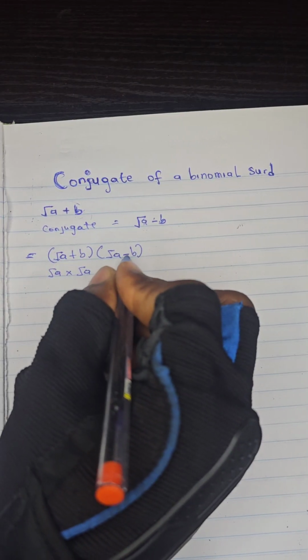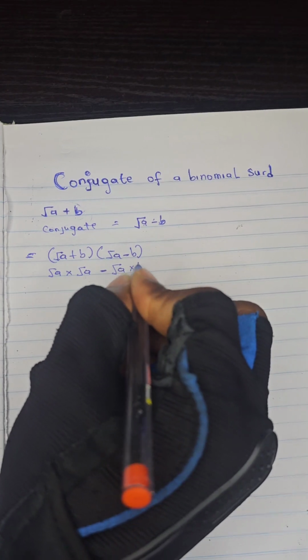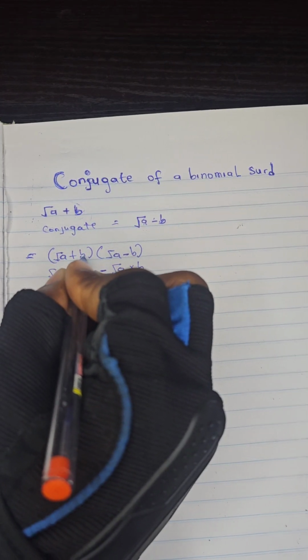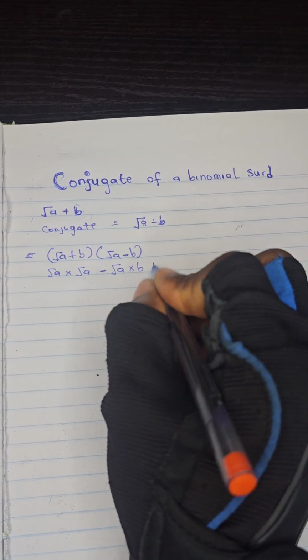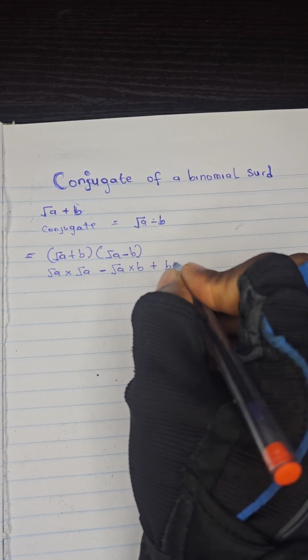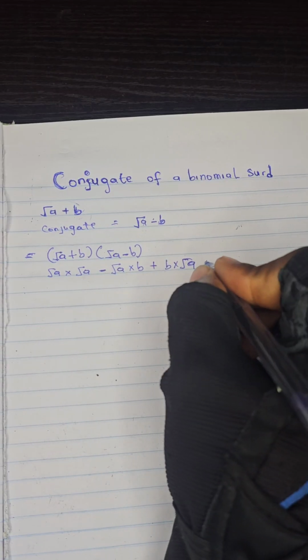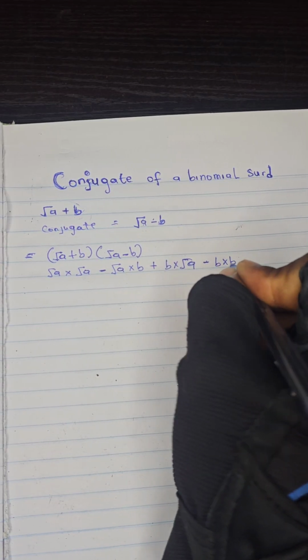Then don't forget this negative sign, so it will be minus root a times b. Then coming to b, it will be plus b times root a. Then don't forget the minus sign, minus b times b.